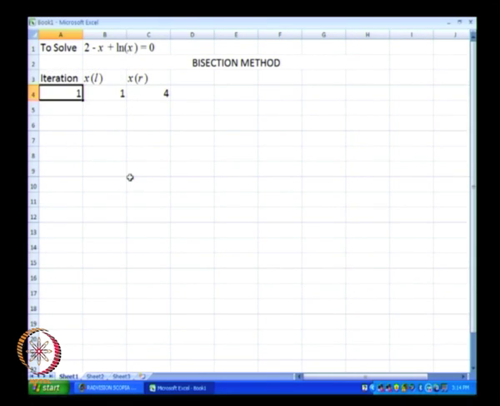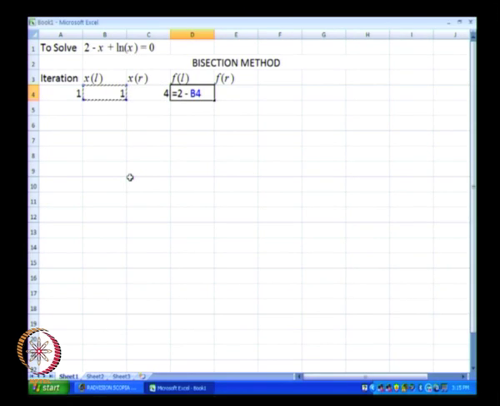So what we will now do is calculate f of xl and f of xr. So we will just write that down, fl, and we will write this as fr. Okay, so fl is equal to 2 minus xl.